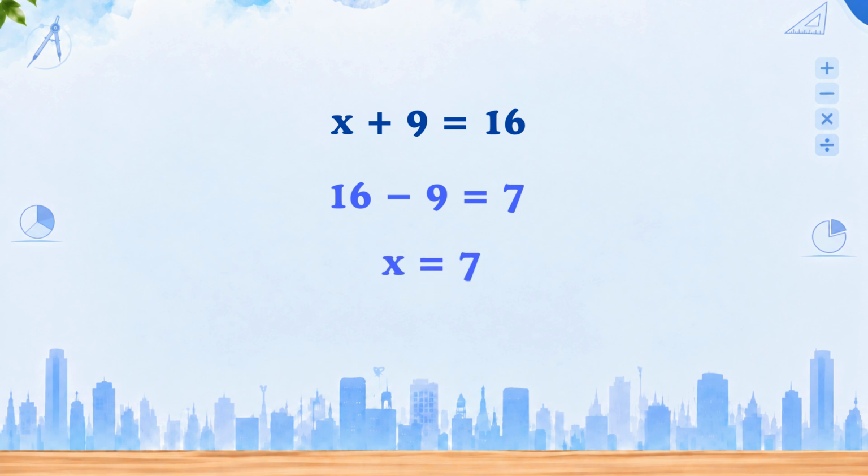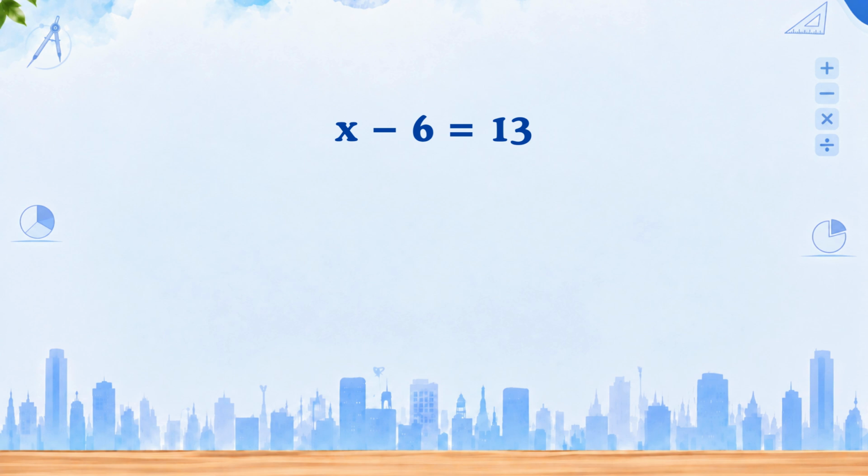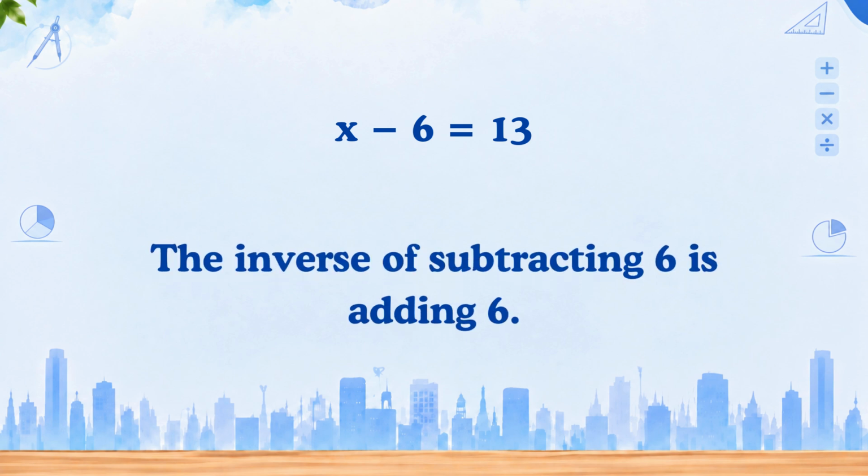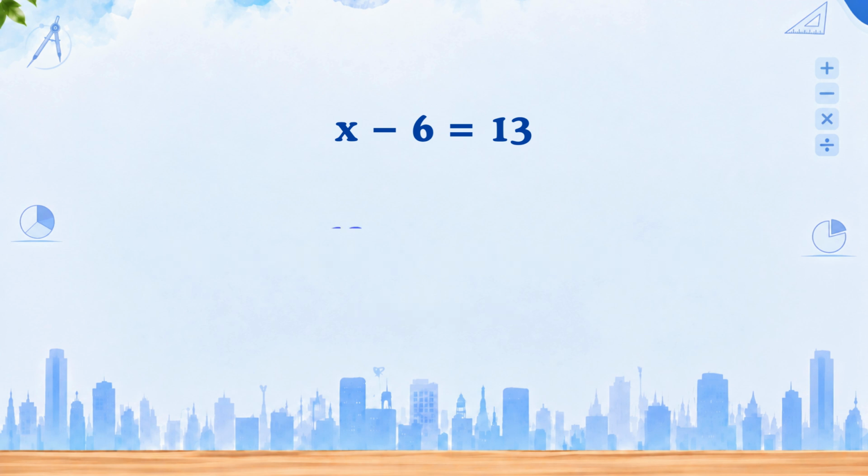So x equals 7. Now consider x minus 6 equals 13. The inverse of subtracting 6 is adding 6. 13 plus 6 equals 19, so x equals 19.